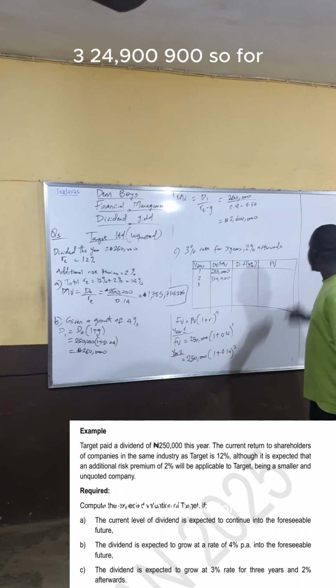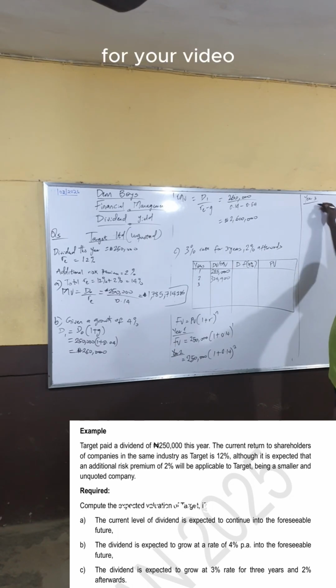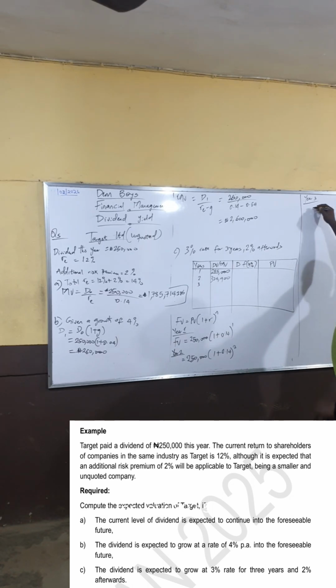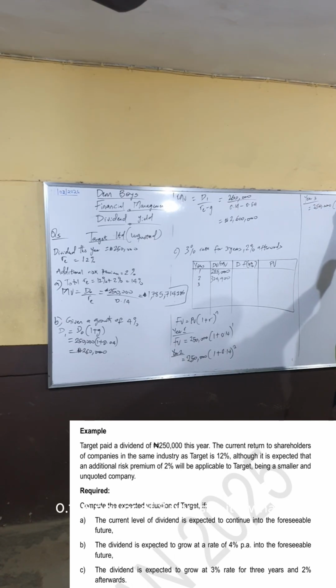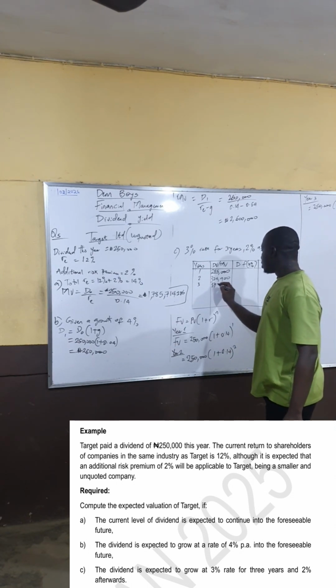So for year 3, let me just write it: 250,000 multiplied by 1 plus 0.14, to the power of 3, which is 370,386.